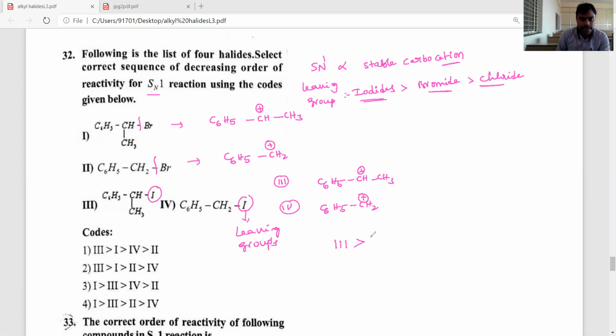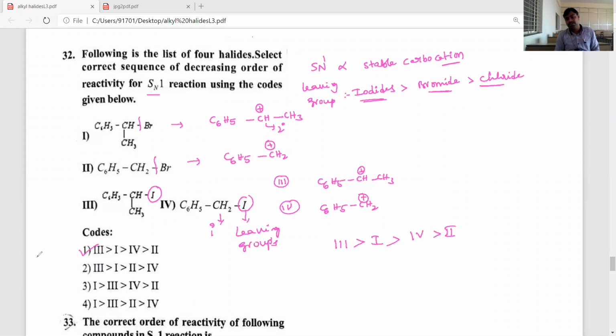Here it is primary, and it is secondary. Even though iodine is present, secondary is more reactive than primary. That's why first is more than second, and comparing second and fourth, fourth is more. So the answer is 3, 1, 4, 2, which means the first option is correct.